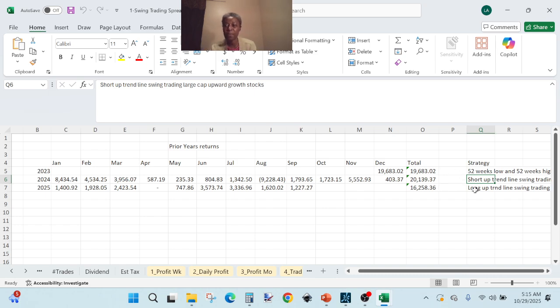And for 2025 I'm using a long upturn line swing trading strategy, but by pulling some skills that I use in my 52 weeks low and 52 weeks high trading strategy to keep refining my swing trading strategy. I'm pulling my knowledge from my prior trading skills and knowledge to see how I can remold my swing trading strategy to be the way I want it.